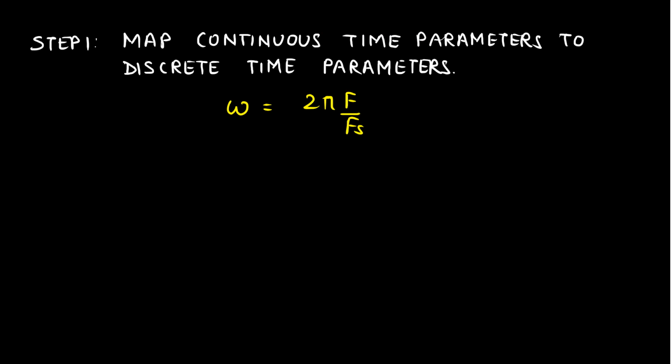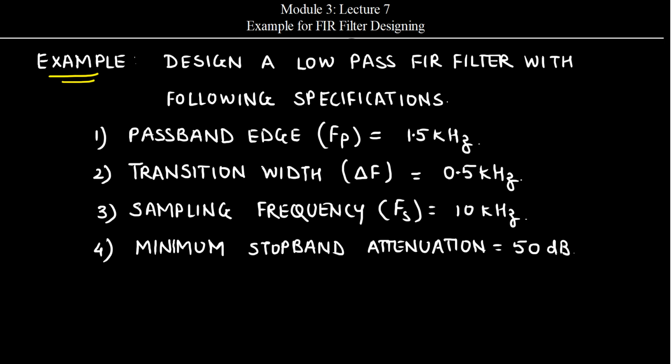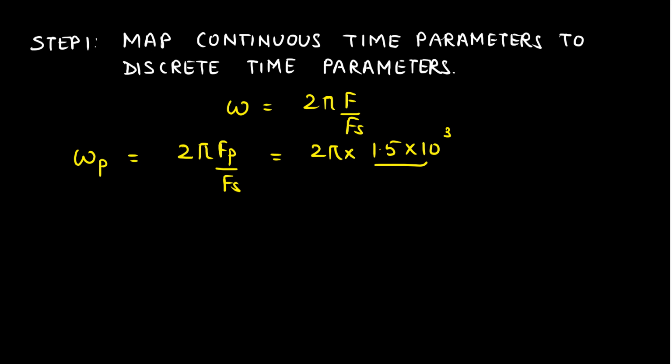So the passband edge in the discrete time frequency, that is omega p, can be calculated as 2 pi Fp by Fs, that is equal to 2 pi into 1.5 into 10 raised to 3 divided by the sampling frequency, which is 10 kHz. If we simplify this, the omega p value is obtained as 0.3 pi.